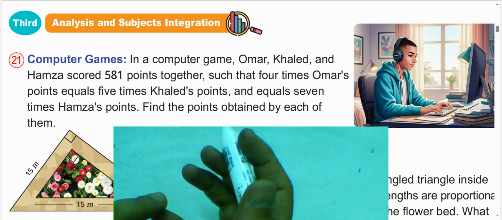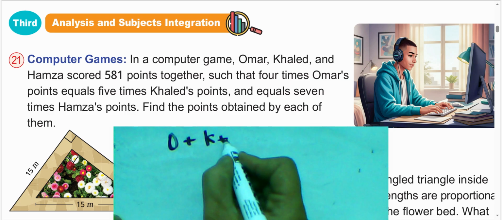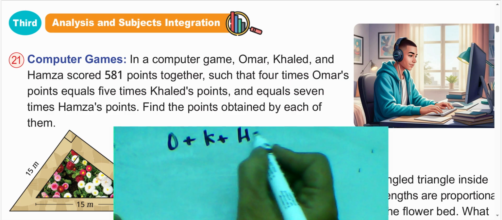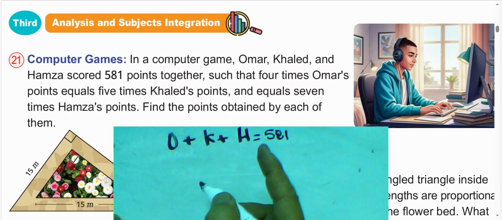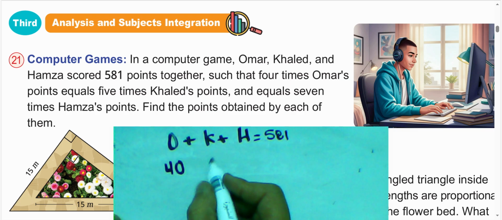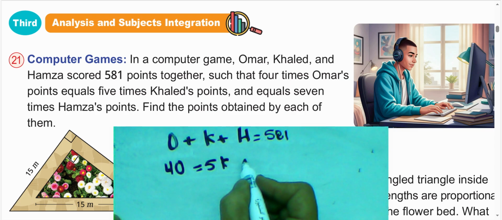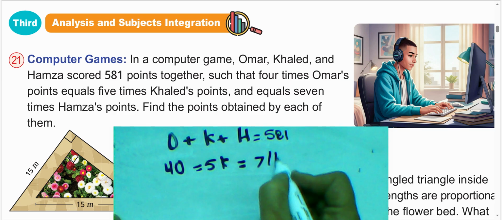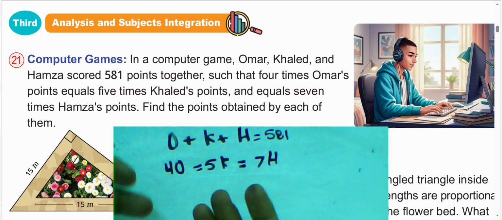The sum of their scores equals 581. We want to find the points obtained by each of them.